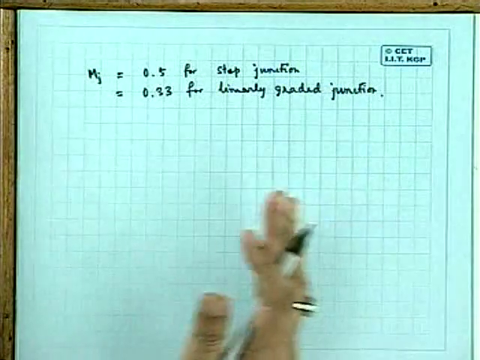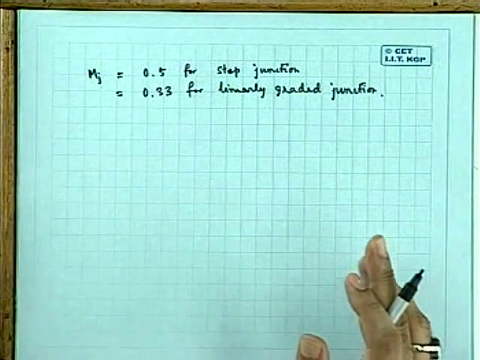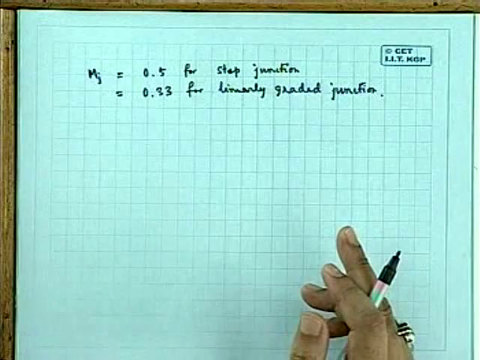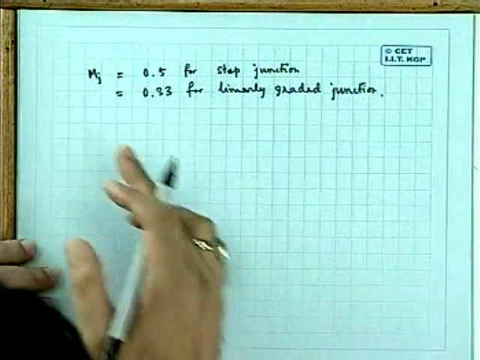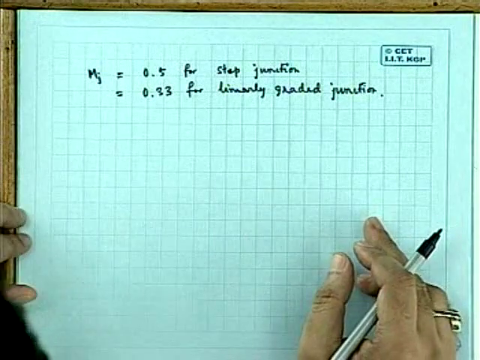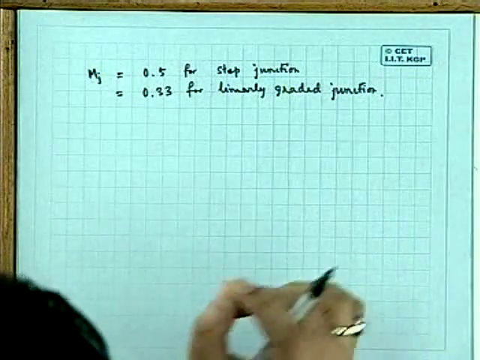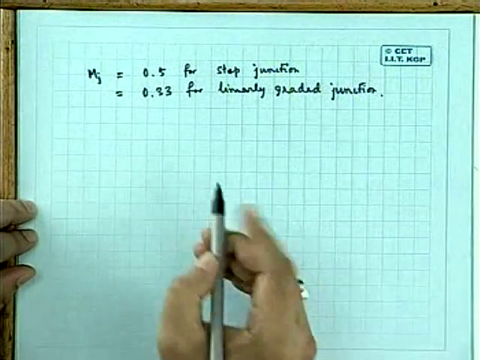Normally its value has to be chosen between the two. Step junction is one extreme side and linearly graded junction is the other extreme side. You have to choose a value between 0.33 and 0.5. You have to try to fit in with that.